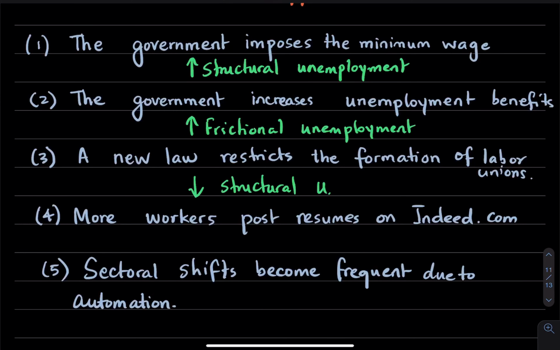Now, 4 says more workers post resumes on Indeed.com. You know right off the bat that the type of unemployment that results from workers trying to find a job that best matches their skill set is frictional unemployment. So anytime you're expediting that process of job search by any type of policy, it is going to reduce frictional unemployment.